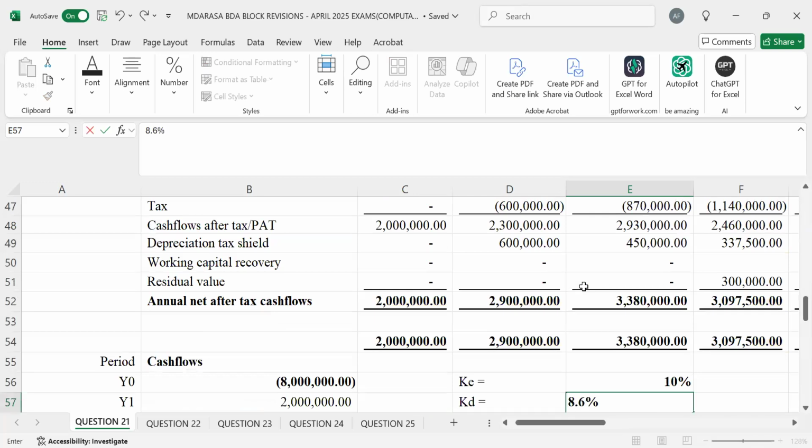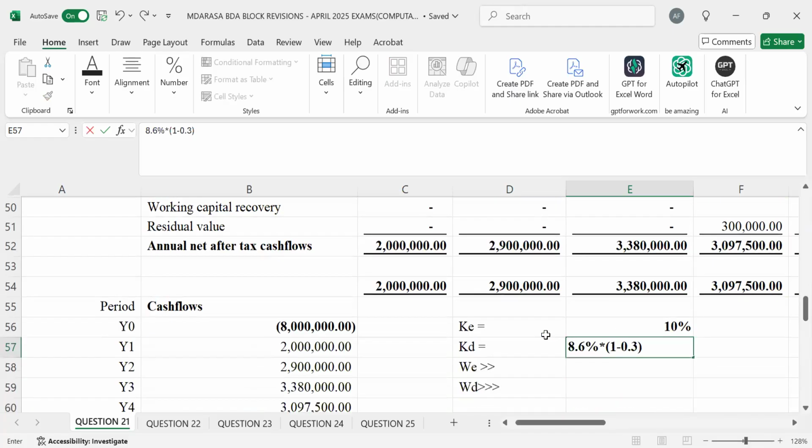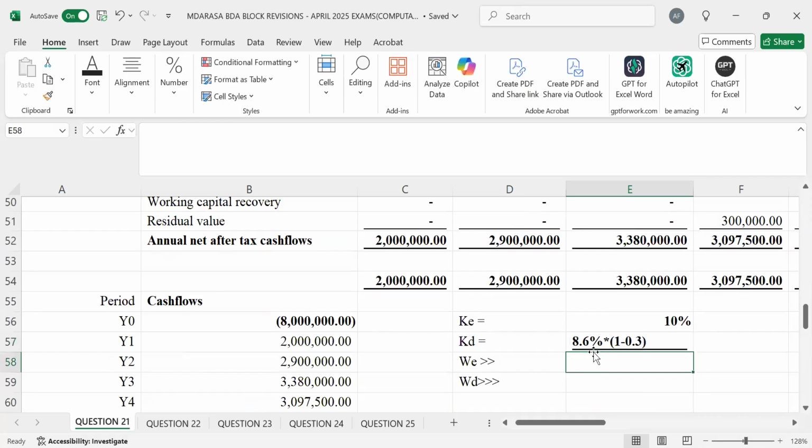So I take 8.6% and multiply by 1 minus T, 1 minus 0.3, to give us the after-tax cost of debt.